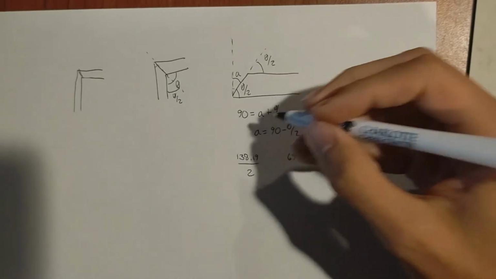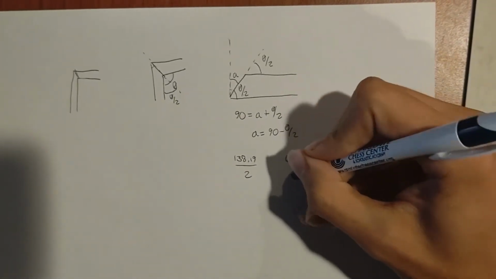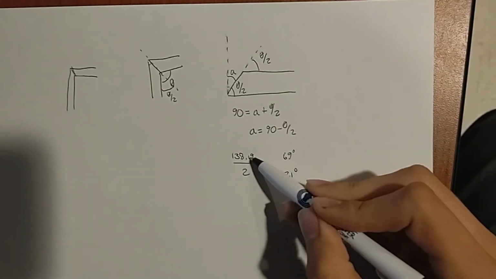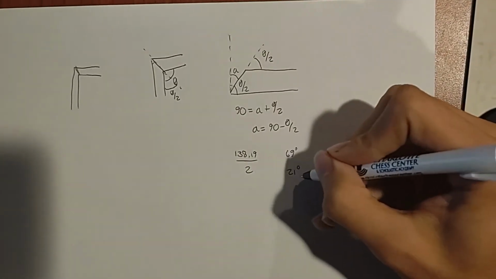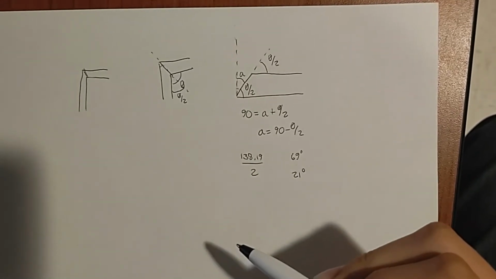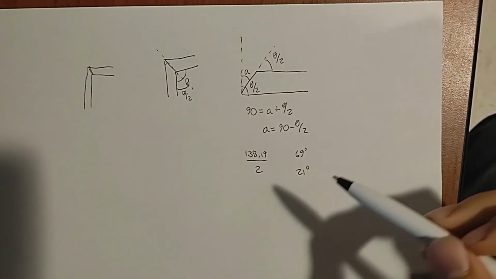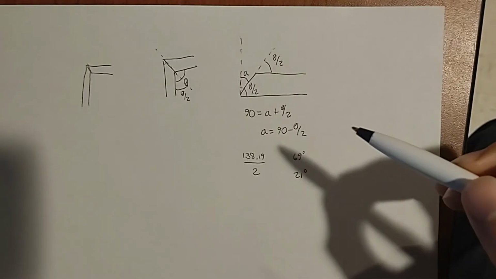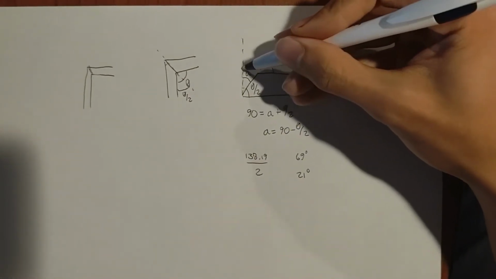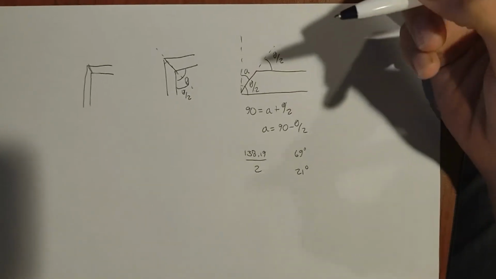But if you were to do 90 minus that, that would be about 21 degrees from the horizontal. About. If you want to get more exact, you can just do this math. So you could do that after looking up the internal angle of different platonic solids, and from this easily find out either the horizontal angle or the angle from the vertical that you would need to cut your wood at.